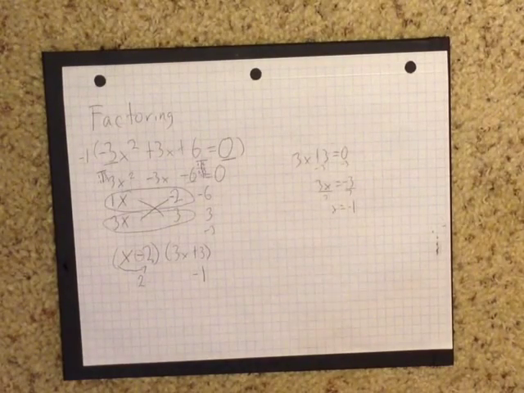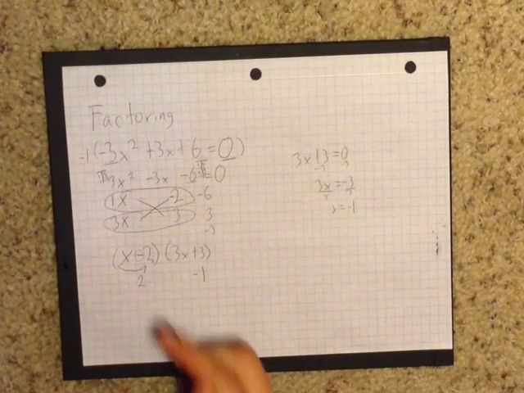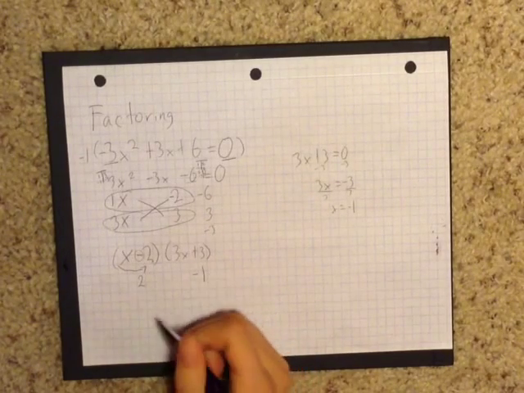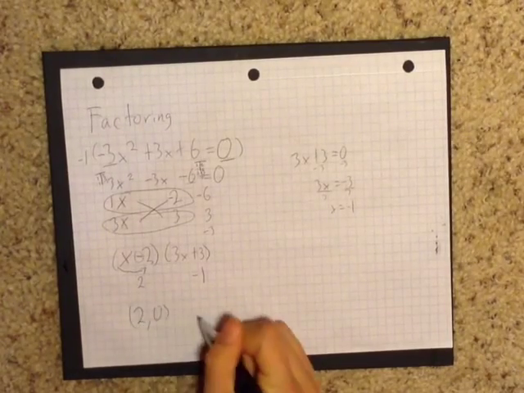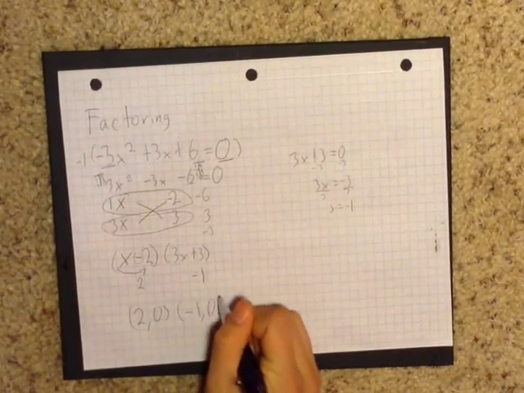So that's basically what's happening, and this is the outcome. So these are the two solutions. We're going to write it in coordinates, (2, 0) and (-1, 0).